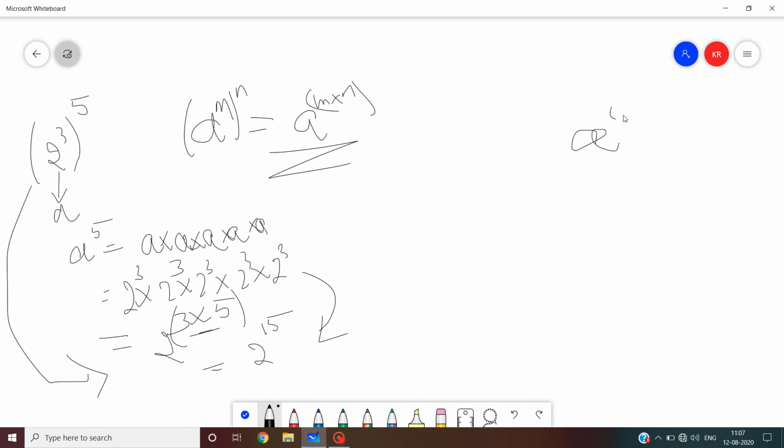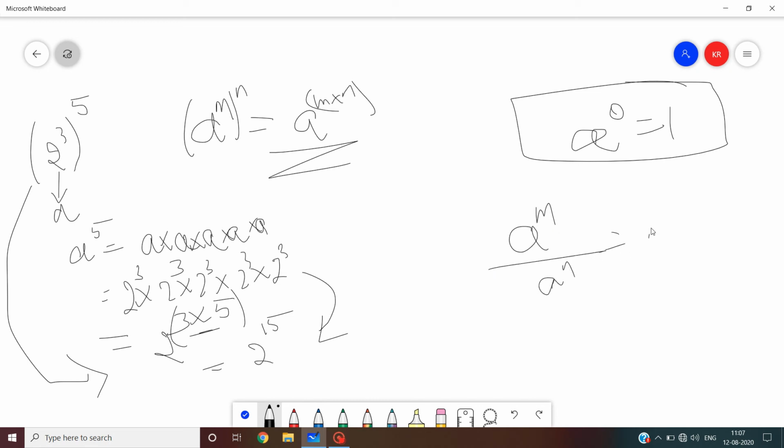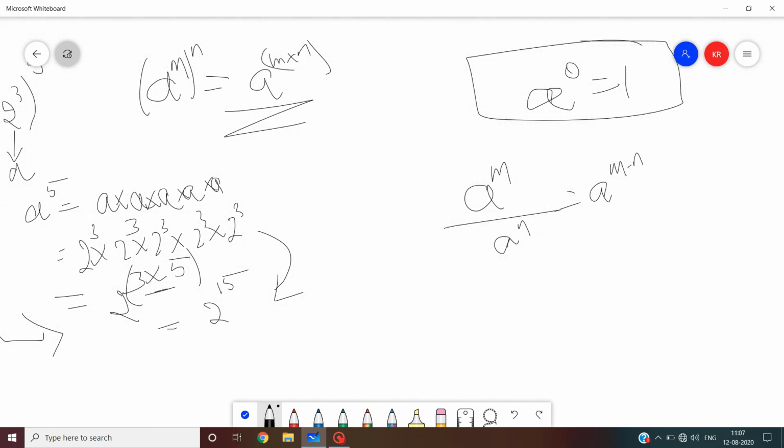We have a small concept like a to the power of 0 is equals to 1. How we can say a to the power of 0 equals to 1? So I have one small idea, the second shortcut: a power m divided by a power n is equals to a power m minus n, right?